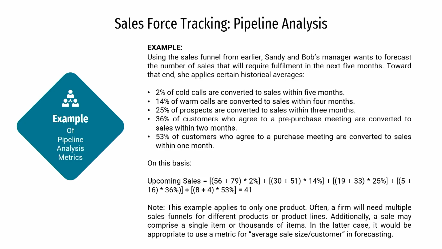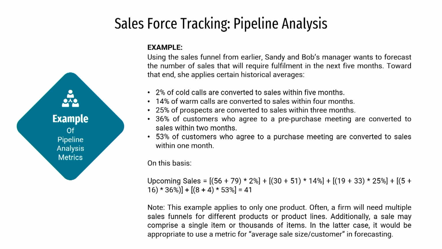I will just put in the numbers. As per the first statement, 2% of the cold calls are converted to sales within 5 months, so 56 plus 79 multiplied by 2%, plus 14% of the warm calls. How many warm calls are there for Bob and Sandy? 30 and 51. So 30 plus 51 multiplied by 14%.